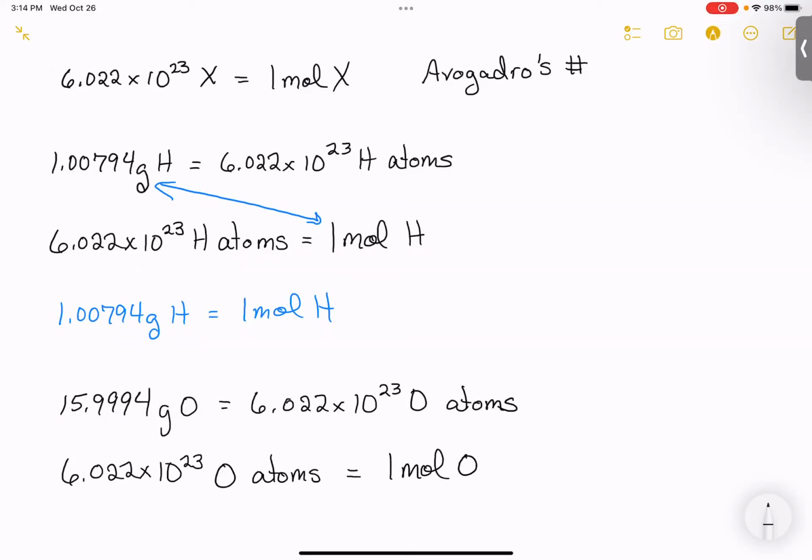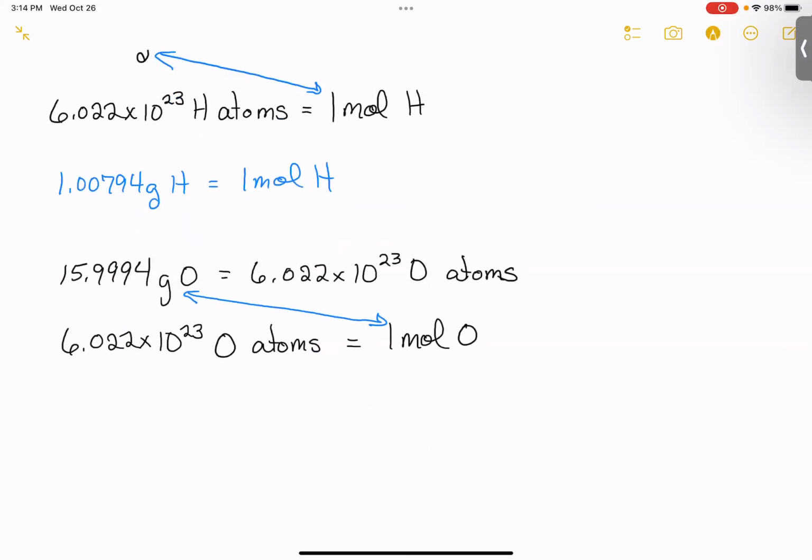So what we can deduce, if you take the two if-then statements into account, is that 15.9994 grams of oxygen has to equal 1 mole of oxygen.